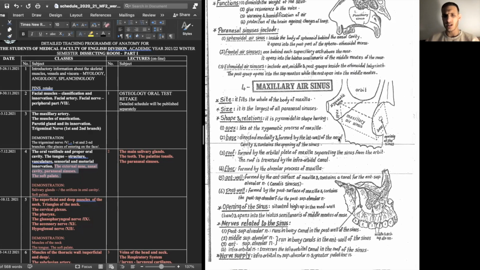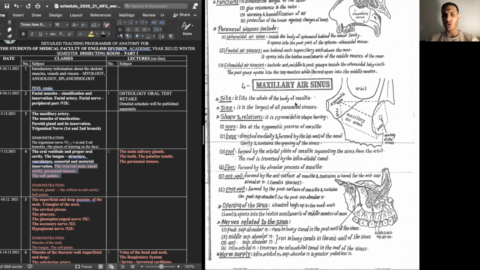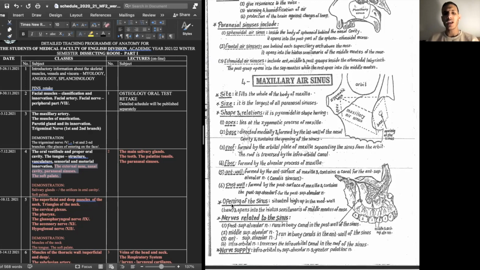The maxillary air sinus fits the whole shape of the maxilla and is the largest paranasal sinus. It is pyramidal in shape, with an apex, base, roof, floor, anterior, and posterior walls. You can dive into this if you want to, but it's not necessary. You just have to know the opening of the sinus, high up in the medial wall of the base, which opens into the hiatus semilunaris of the middle meatus of the nose. This is the most important part of it.